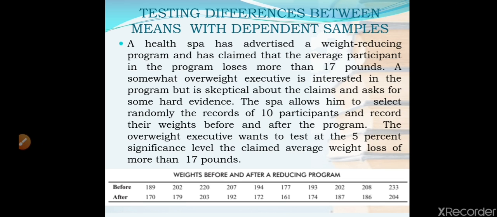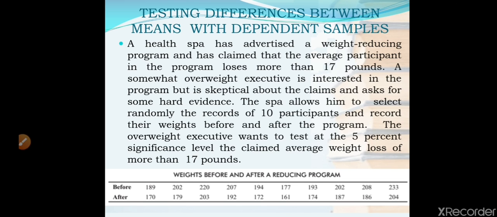So after that, the next article is testing differences between means with dependent samples. In the previous example, our samples were chosen independent of each other. But sometimes it makes sense to take samples that are not independent of each other.